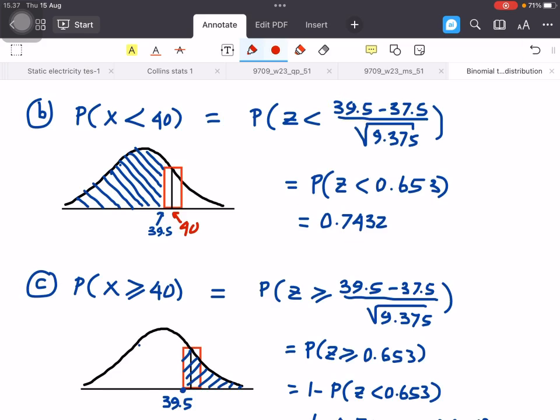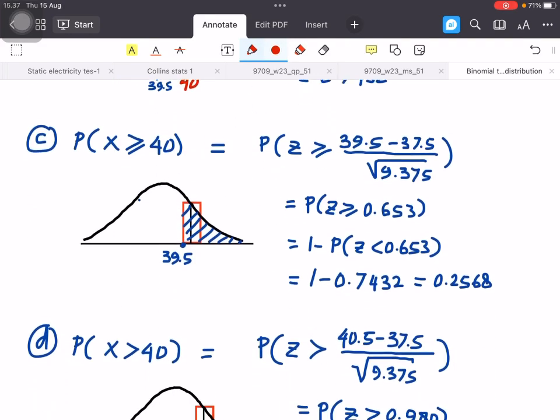So Z is 39.5 minus 37.5 divided by the square root of 9.375. So it's probability Z less than 0.653. And we use the table, the answer is 0.7432.